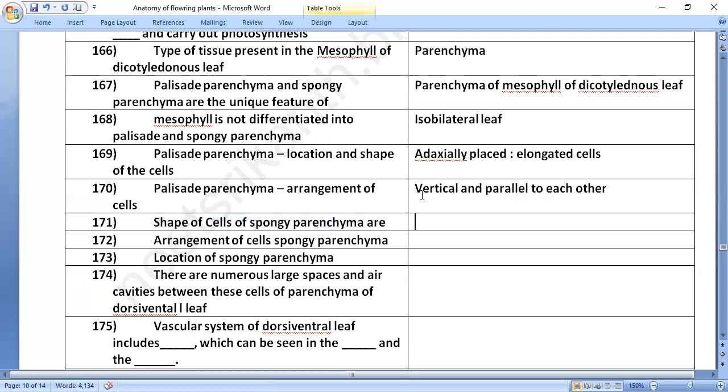The cells of spongy parenchyma are oval or round and loosely arranged.